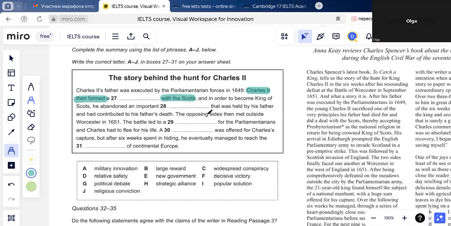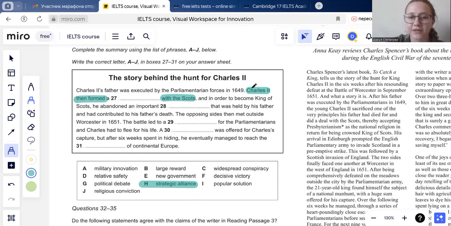Charles the Second's father was executed by the parliamentarian forces in 1649. Charles II then formed a strategic alliance with the Scots, and in order to become King of Scots, he Actually, it's enough. Yeah, it's enough.